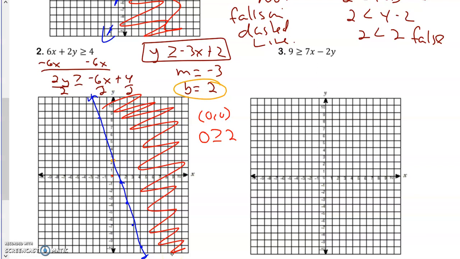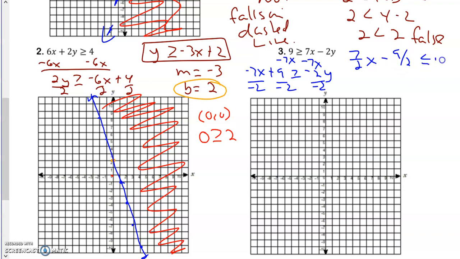Taking a look at the last one, I am going to subtract my 7x from both sides. So I'm going to get negative 7x plus 9 is greater than or equal to negative 2y. I'm going to divide by a negative. Dividing by a negative changes your inequality sign. So that's going to give me 7 over 2, two negatives make a positive, x minus 9 over 2, and I'm going to change it to less than or equal to y.